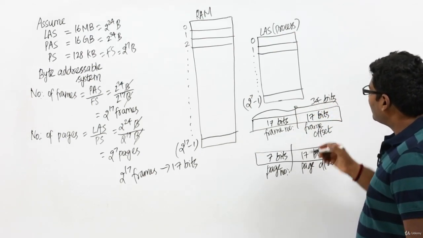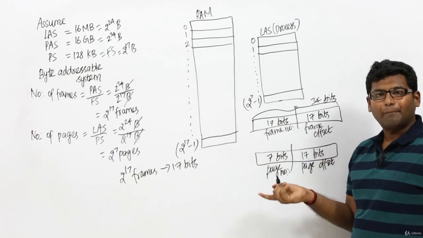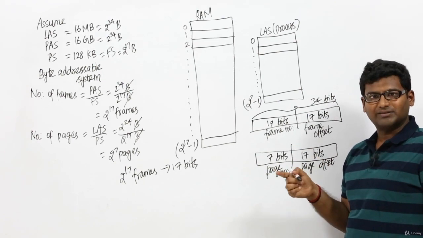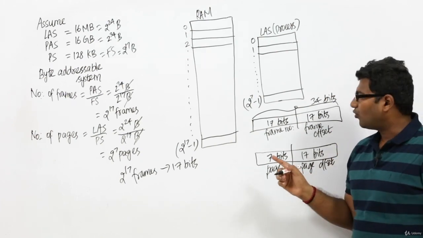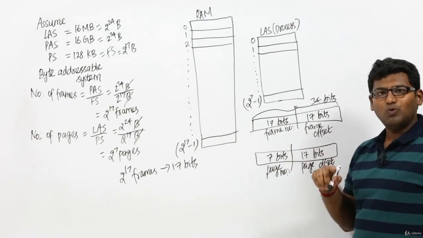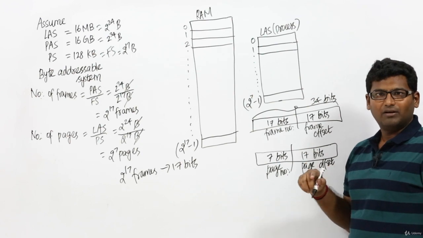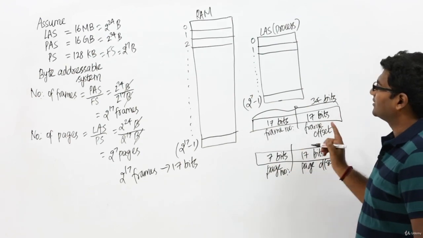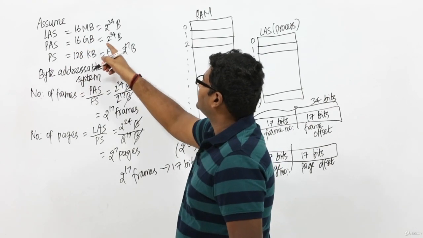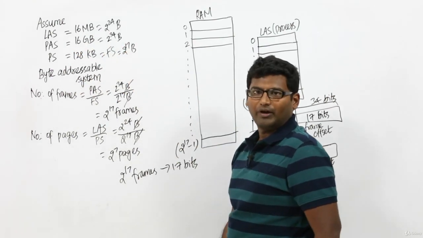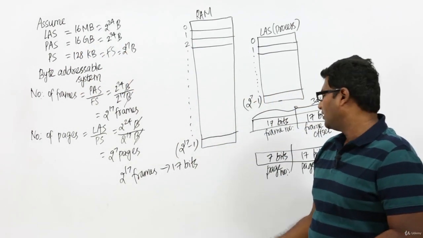And so our physical address space is supposed to have 2 power 34 bytes, right? With 34 bits, we can form 2 power 34 addresses, and that's the reason we got the physical address space as 2 power 34 bytes, because every byte is given an address.